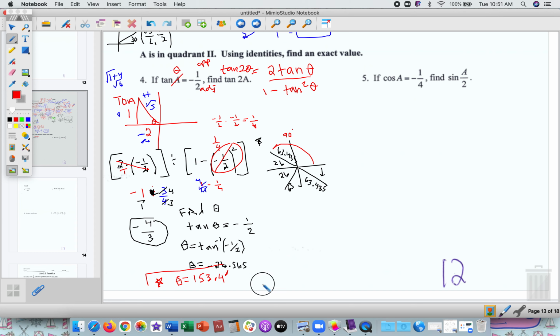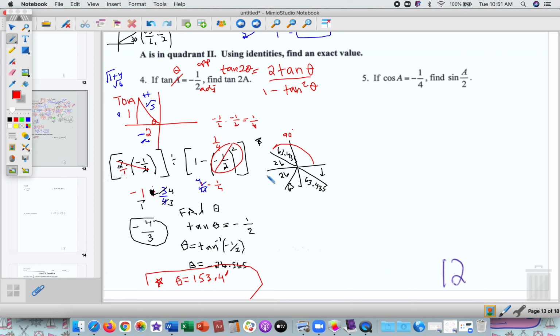Let's back that up. If we were asked to find tan 2 theta, we found it is negative 4/3. If we were asked what is theta, we know that theta is in quadrant 2, the triangle is in quadrant 2. So we used our reflections, we put in our calculator, and we said negative 26.565 isn't in quadrant 2.